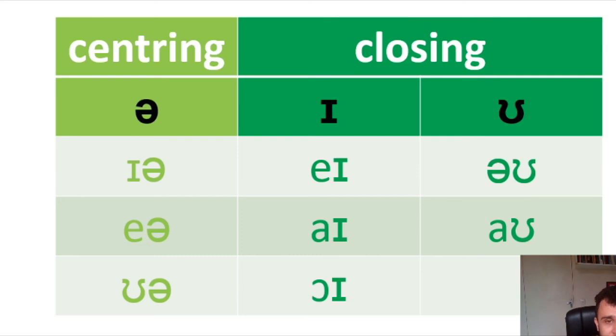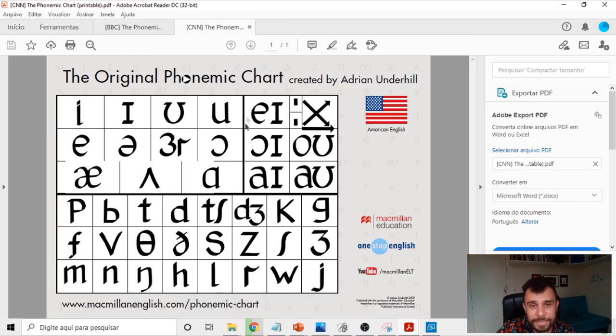This is for BBC. Now, what happens in North American English, in CNN, is that you will see that there are only two columns. We only have diphthongs ending in e and o. So we only have closing diphthongs. There are no centering diphthongs in North American English.